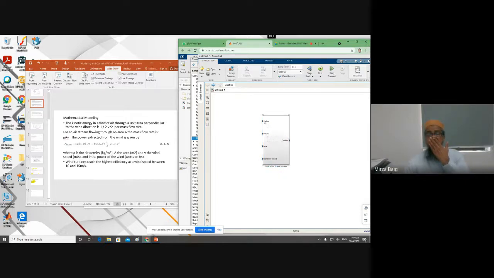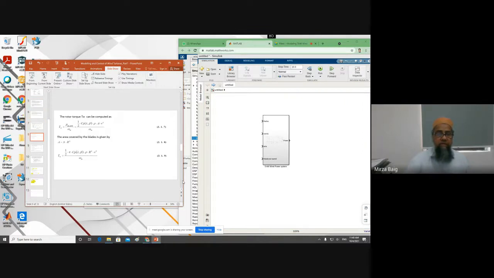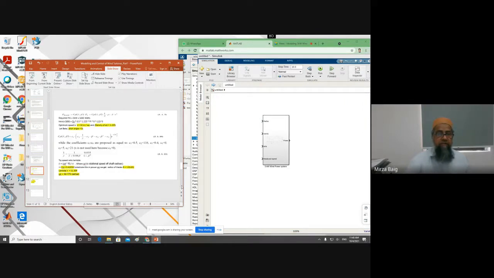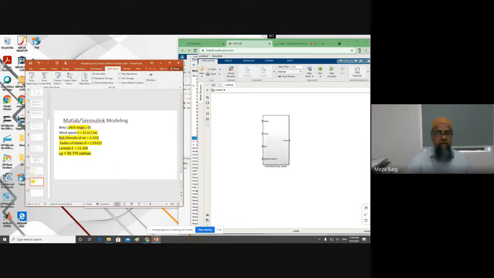We need to give inputs, and so now we look at our calculation we did. We saw that for 5 kilowatt, we need these parameters. The pitch angle, which is beta, is 0. Radius will be 1.91431 meters. Omega r, rotational speed, could be 50.775, and v is 12 meters per second. So we need to get these constants here.